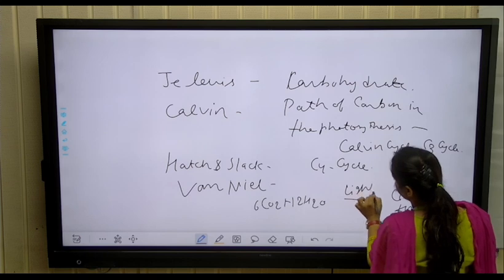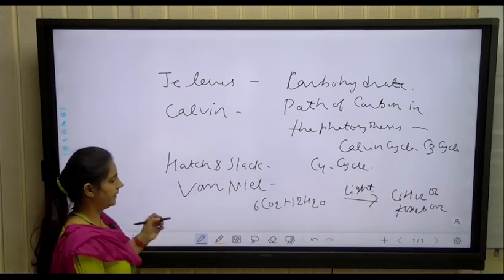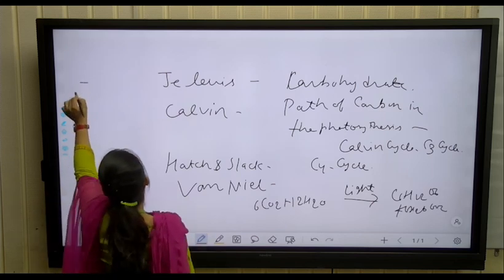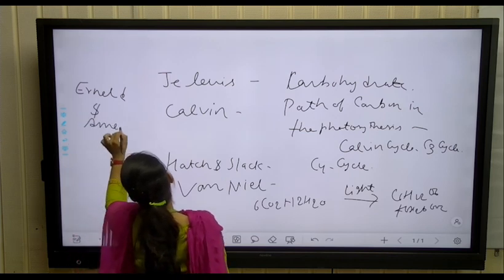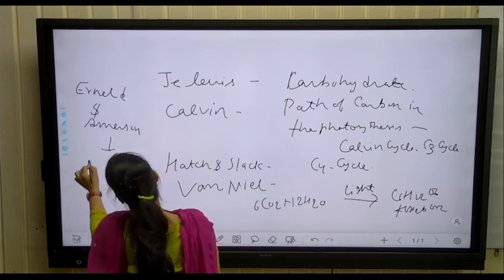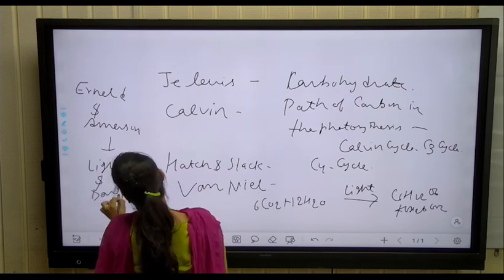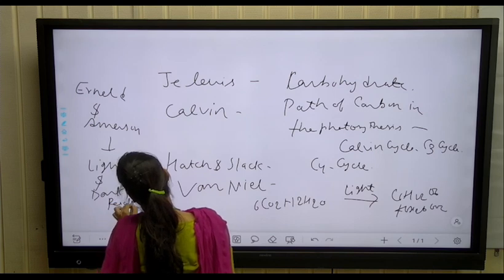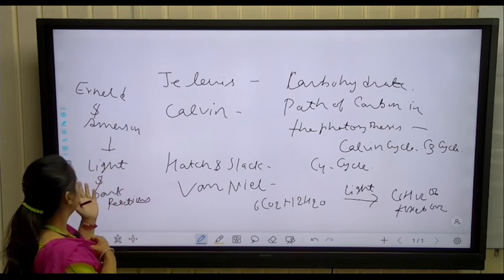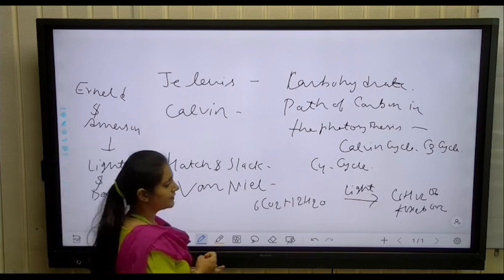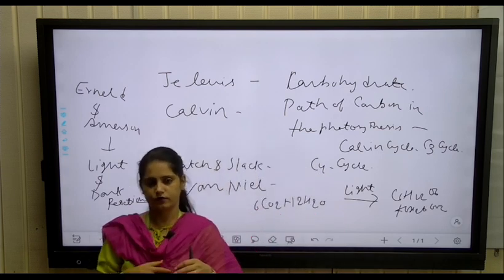This equation was given by Van Niel, and lastly Arnold and Emerson gave the light and dark reactions. These are the two steps of photosynthesis.